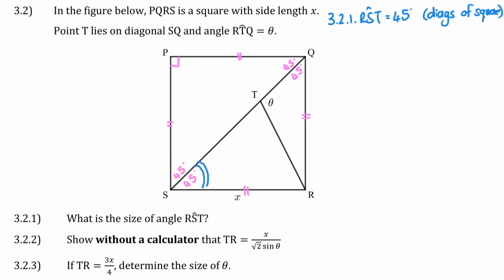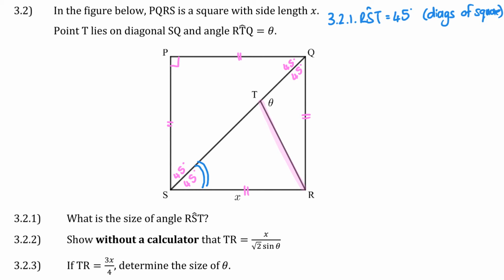Okay, next one says show without a calculator that TR is equal to x over root 2 sine theta. So the side length I'm looking for is TR, which is this side. Now I've got a few triangles I can work with.